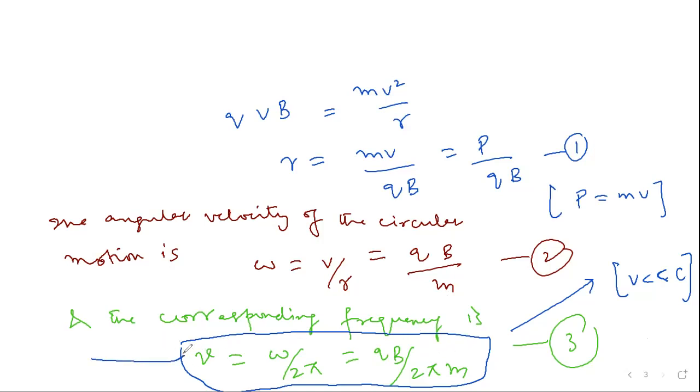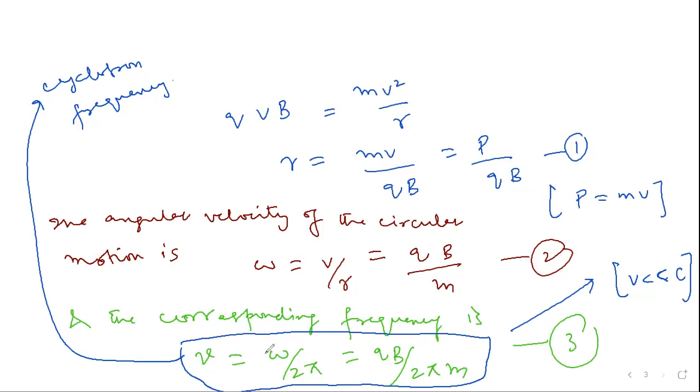Right here, this frequency has a name. It is called cyclotron frequency. What is a cyclotron? It is an accelerator that produces beams of energetic charged particles, which might be used in nuclear reaction experiments.